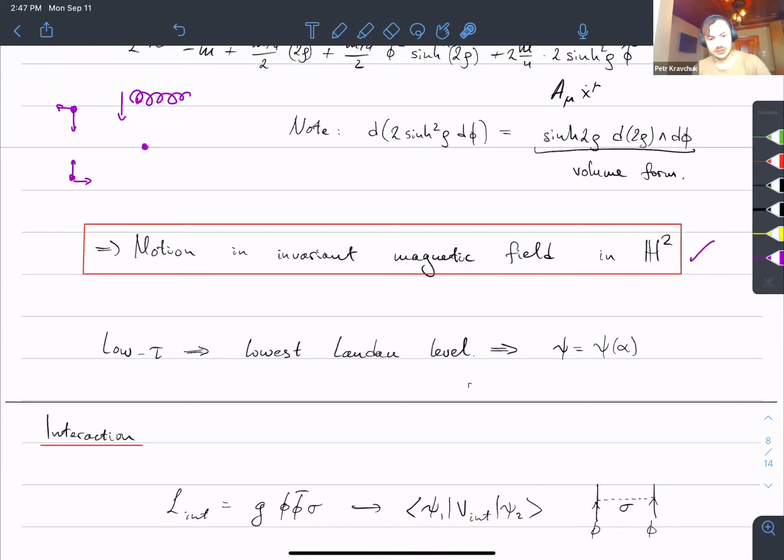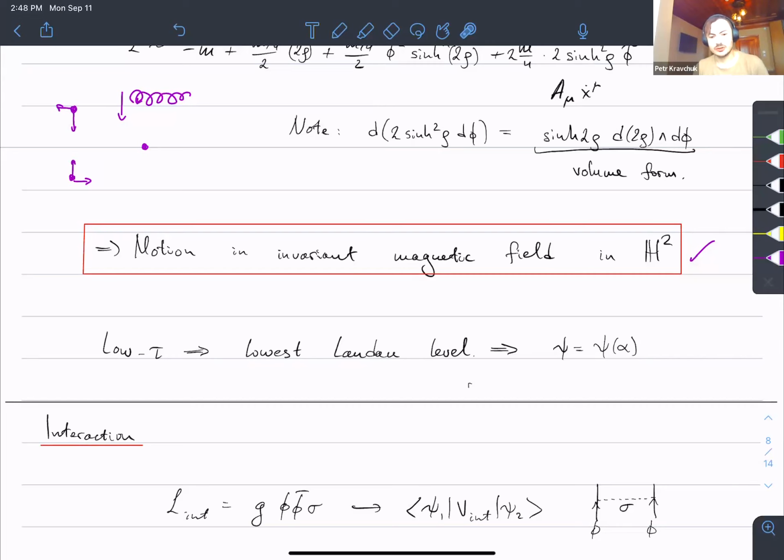Then for n particles, this is n particles moving in a magnetic field in the hyperbolic plane, and their Hilbert space is the same as the Hilbert space in which I want to split, the one that I want to analyze from the field theory point of view.